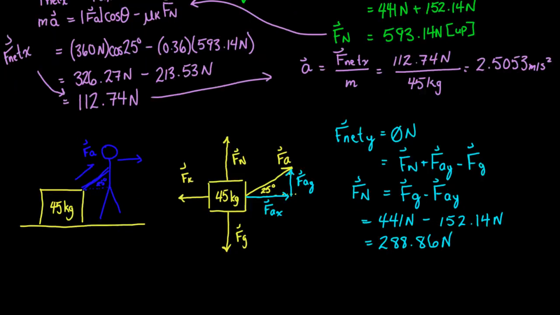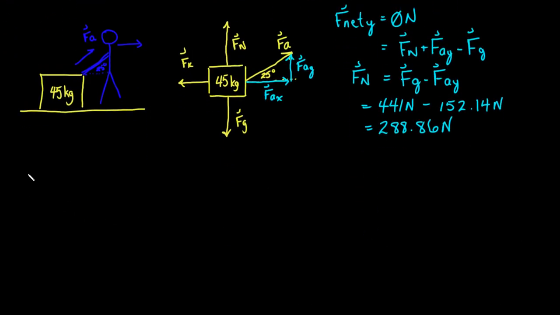Now think about doing the exact same thing in the x direction again. Okay, we're looking for F net in the x direction. There's no change to that. It's still just the applied force in the x direction minus that force of kinetic friction.